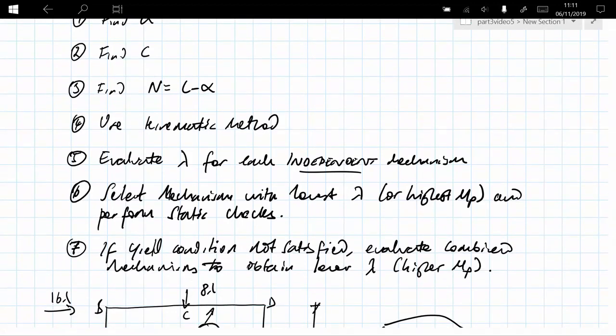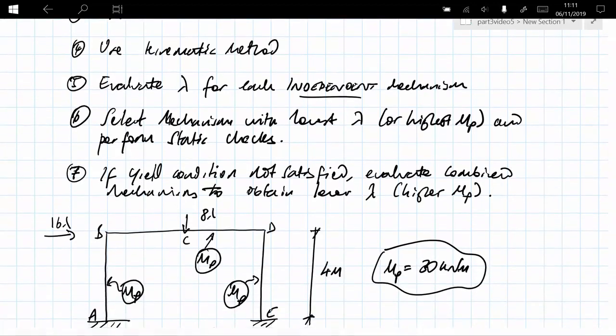With the kinematic method, we evaluate lambda for each independent mechanism. We then select the mechanism with the lowest lambda or highest MP and perform static checks. If the yield condition is not satisfied, then we evaluate the combined mechanisms to obtain a lower lambda.